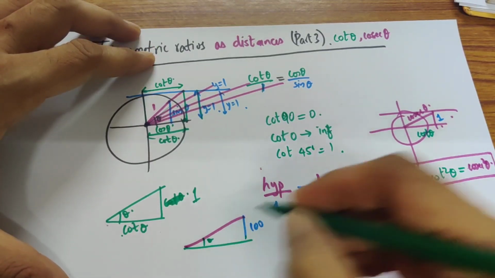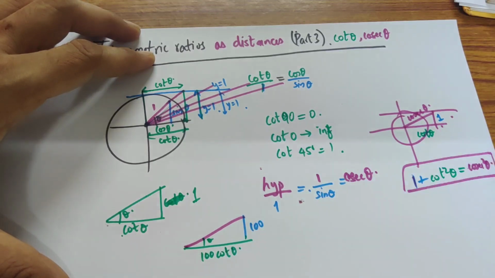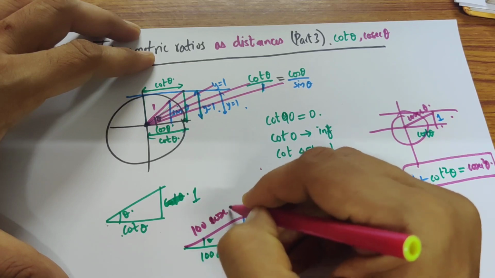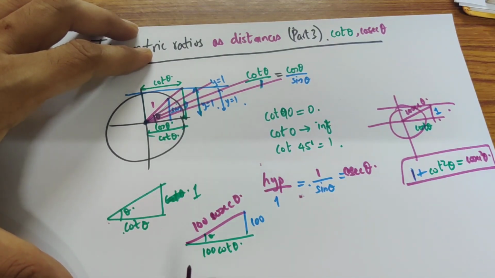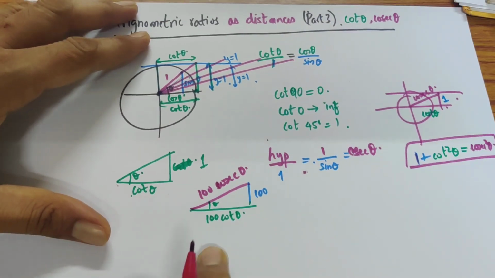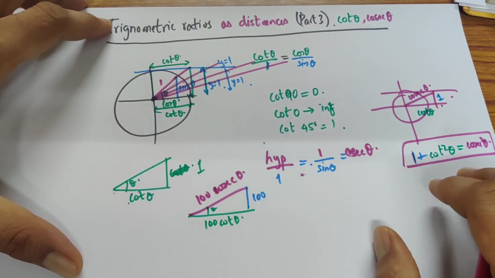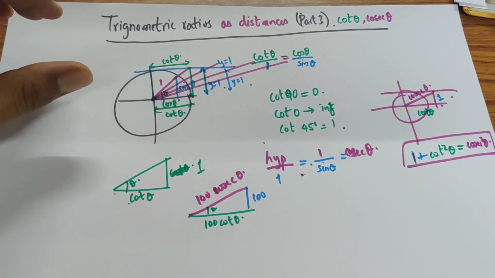So this is 100 cot theta, and this is 100 cosecant theta. So you can also solve questions like this. Now we understand that there is a triangle with a certain distance. If you watch part 1, part 2, then part 3 is basically following what we're just completing. Thank you.